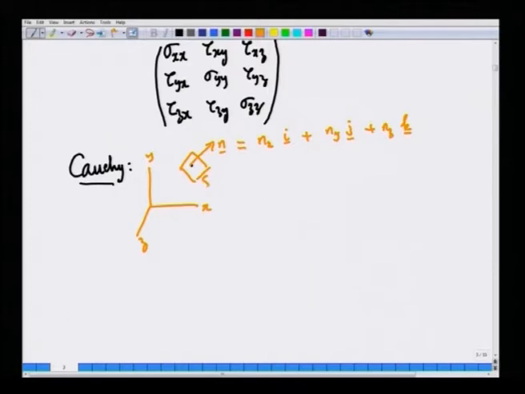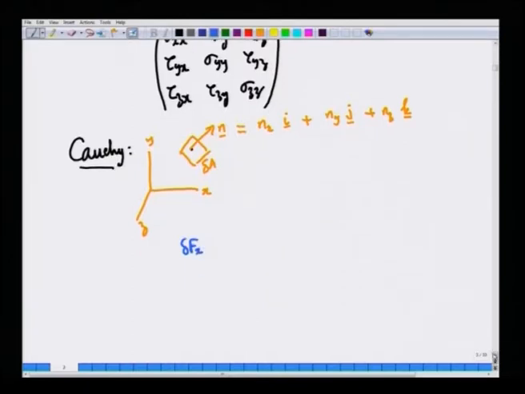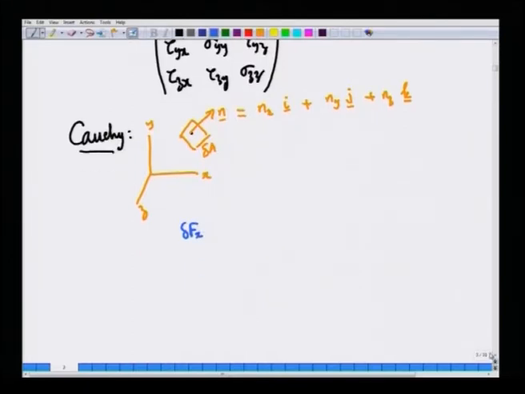The area of the surface is delta A, let us say. Then what is the force? The force on this surface will in general have 3 components in the x, y and z direction. The question one can ask is, what is the force acting on such a surface? What is the force per unit area? What is the stress acting on such a surface?